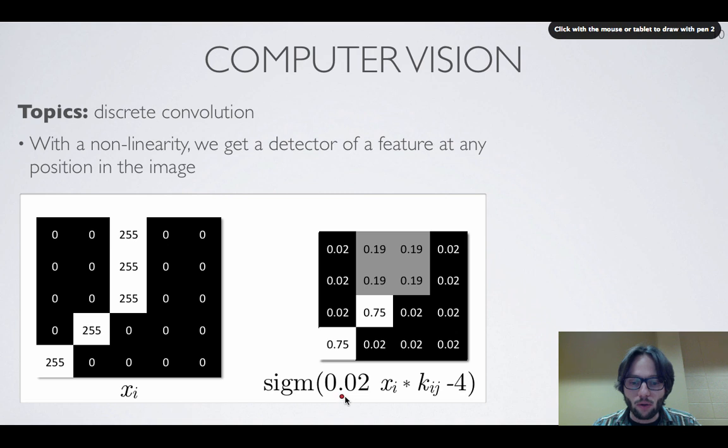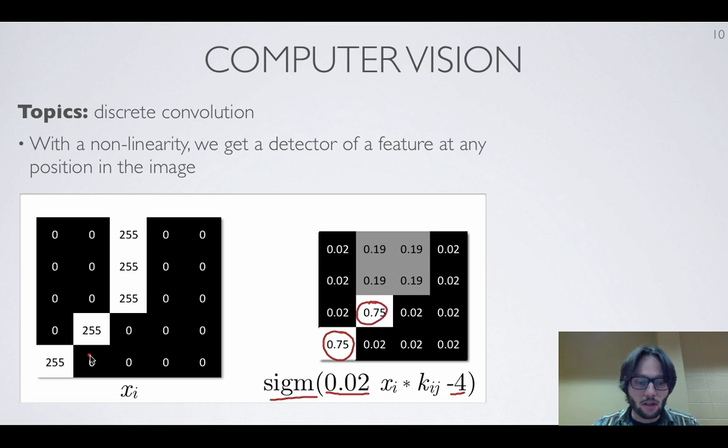In particular, if I were to apply an element-wise nonlinearity on the feature map pre-activation, assuming we have only one input channel, for instance by multiplying the result of the convolution by 0.02, subtracting 4 and passing this to a sigmoid, then I'd get values fairly close to 1 in the part of the image that has this particular kind of pattern, and everywhere else something closer to 0. That's the kind of feature detection that a convolutional hidden layer is going to do. It's going to be able to detect certain types of features, and in a feature map, again, we'll have the same feature being detected everywhere in the image.